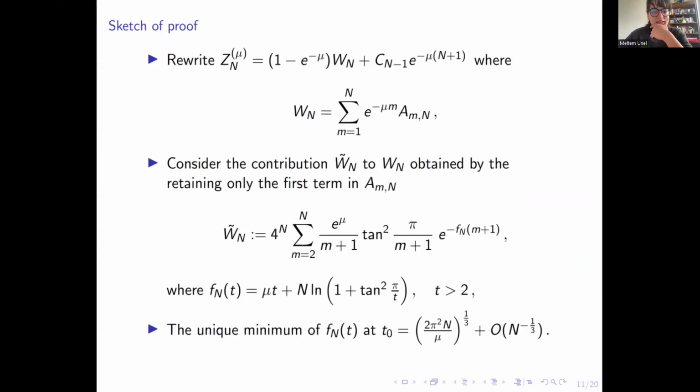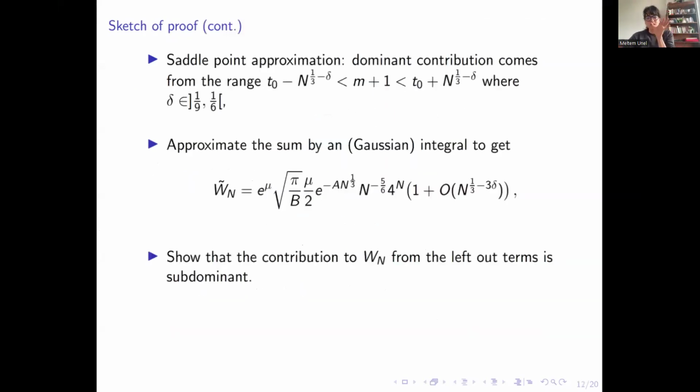So the idea is to look at the part of the sum where the height of the trees is of the order n to the 1/3, and use a saddle point approximation around that height, and this is how we obtain the coefficient asymptotics.